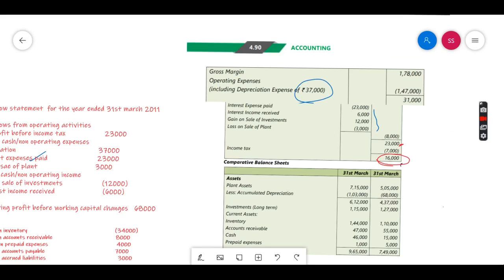Again, you need to see the second part, then only you can understand this. The pro forma has been explained clearly in the second part.